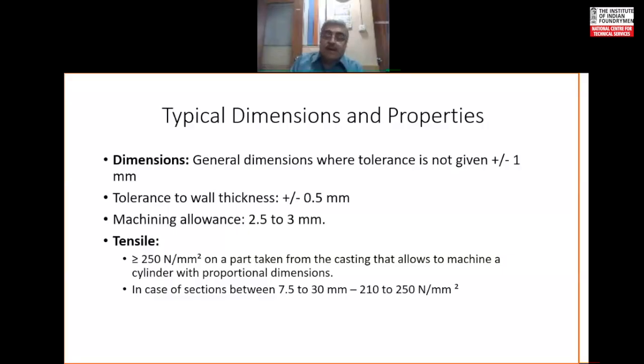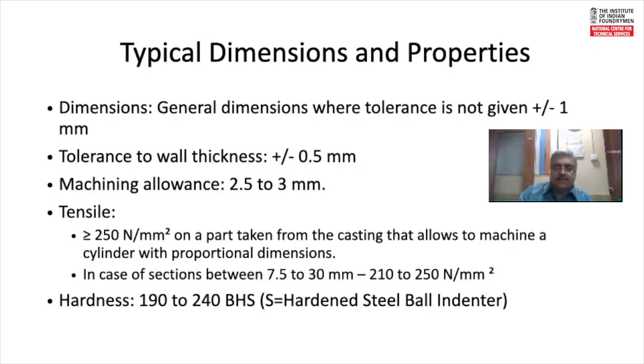It also specifies from what part of the casting the test sample has to be taken. In sections between 7.5 and 30 mm, the strength requirements are in the range of 210 to 250 newtons per millimeter square, and hardness is 190 to 240 BH.